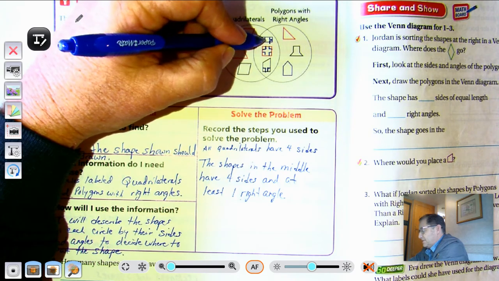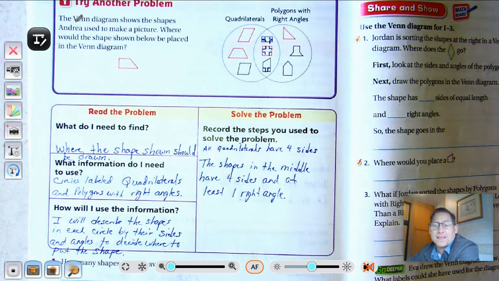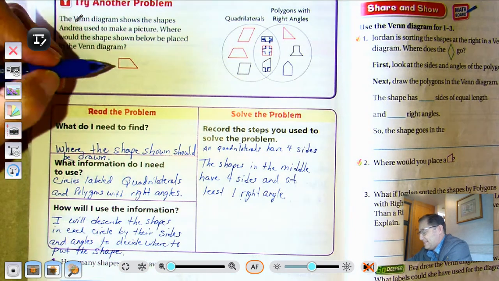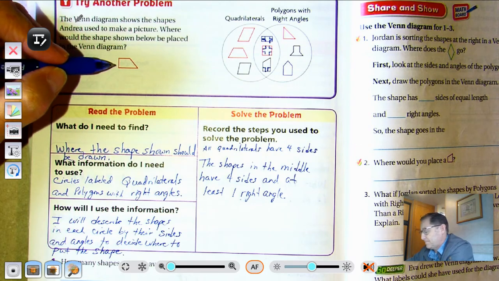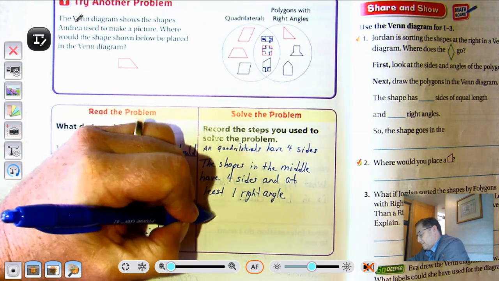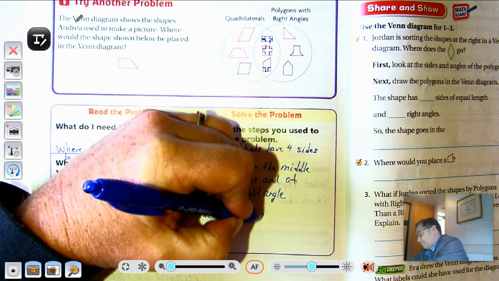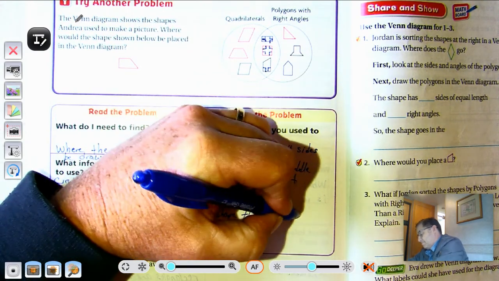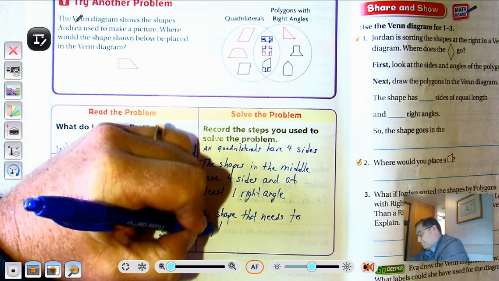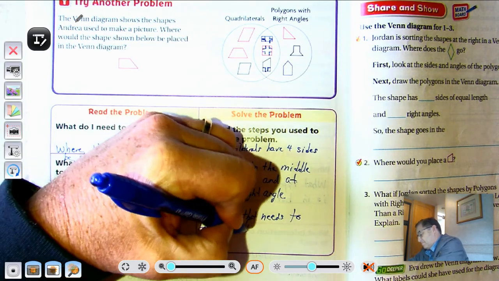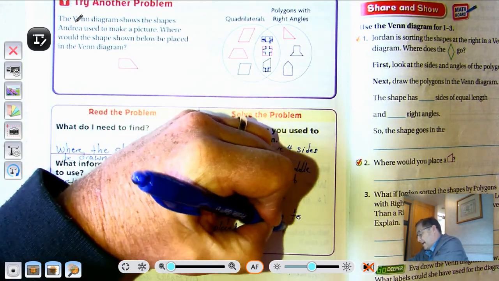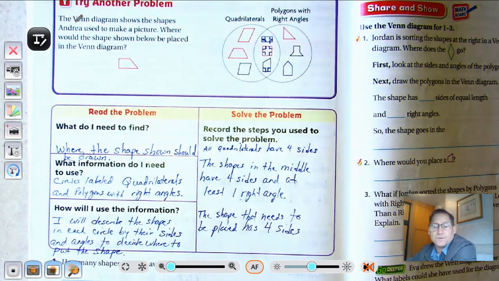They actually have at least two. Okay. The shape that needs to be placed has four sides, right?